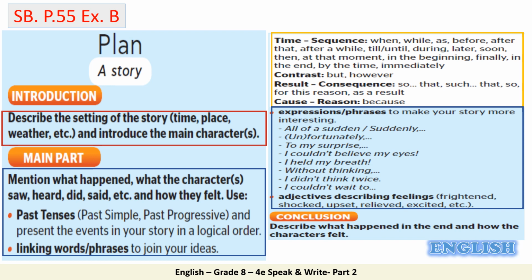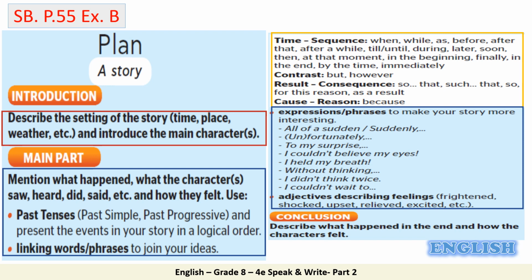Adjectives are going to make your story more interesting and easy to be understood by your readers. Don't forget to use adjectives such as frightened, shocked, upset, relieved, excited, etc.